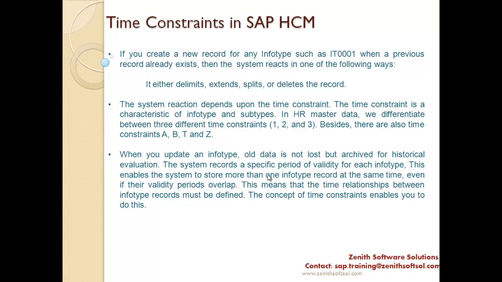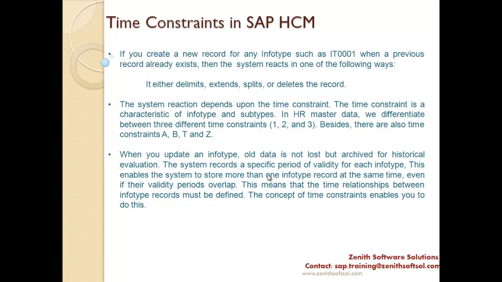Now the system is basically allowed to store more than one infotype record for the same time. Like from 1st of January 2014 to 12/31/9999, the system can store 2-3 records at the same time, even if their validity overlaps. This means that the time relationships between infotype records must be defined, meaning that you need to tell the system, hey, if infotype 1 has time constant 1, react in this way.